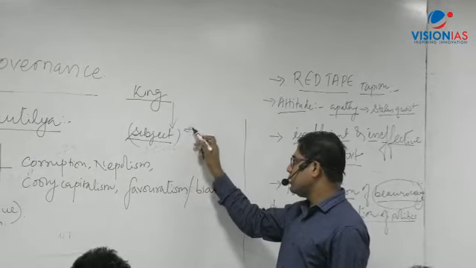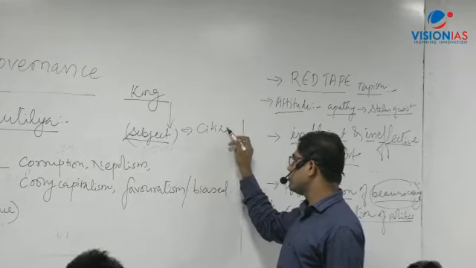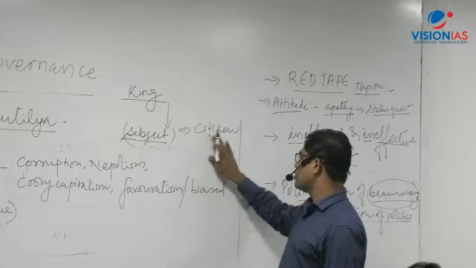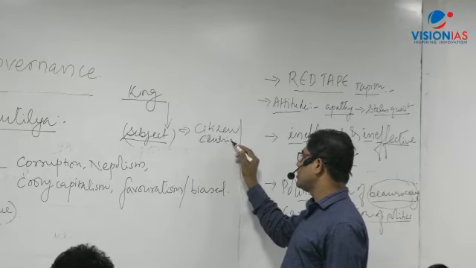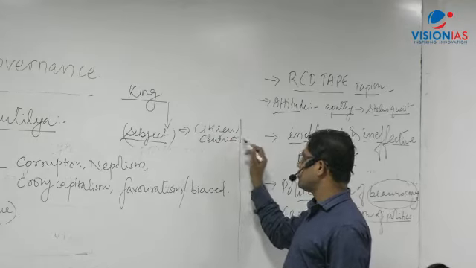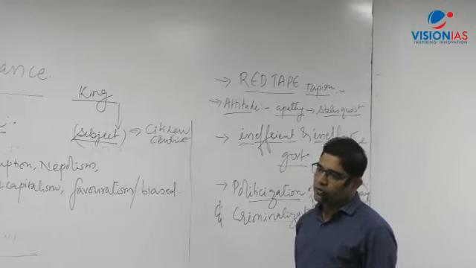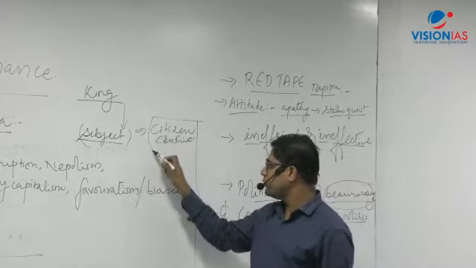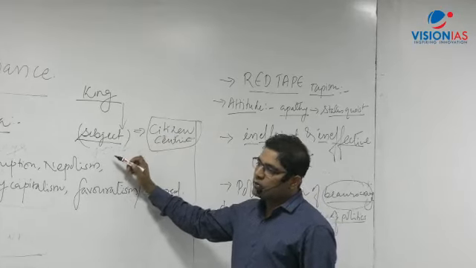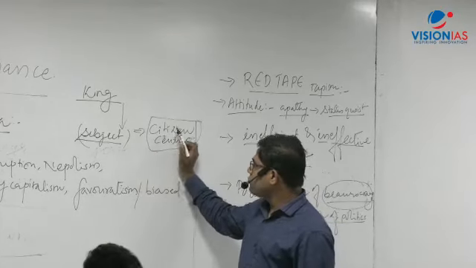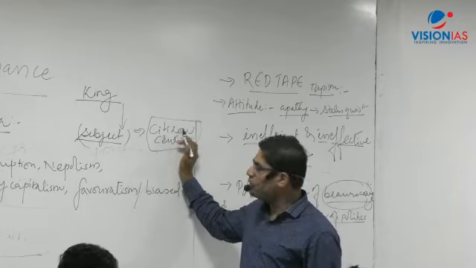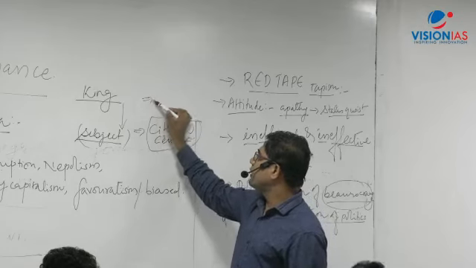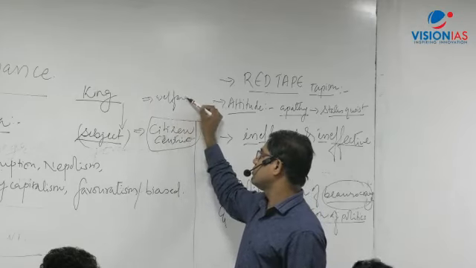His happiness is intrinsically linked with the happiness of the subject. So which point are we bringing here? That is citizen-centric governance. The focus of governance is citizen-centric. Implicit in his idea is that the focus of the government is the subject, whom we in contemporary parallels call citizens. Second, there is a welfare nature of the state.